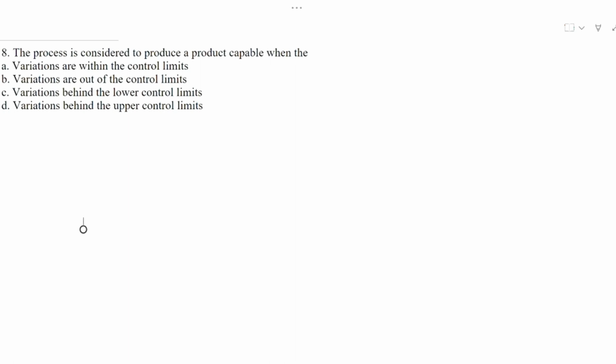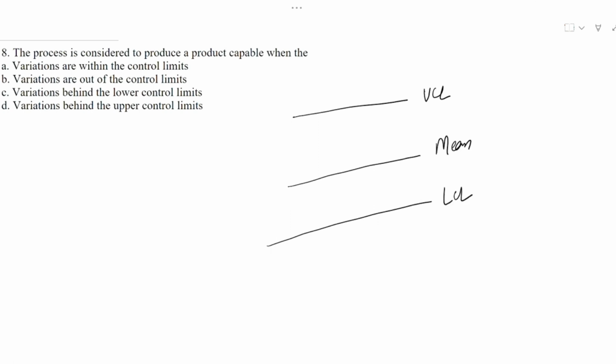When the variations were between the mean and above the upper control limit, that was abnormal variation due to assignable sources. This was the upper control limit, this was the mean, this was the lower control limit. This is a very important chart. Each time we discuss this.